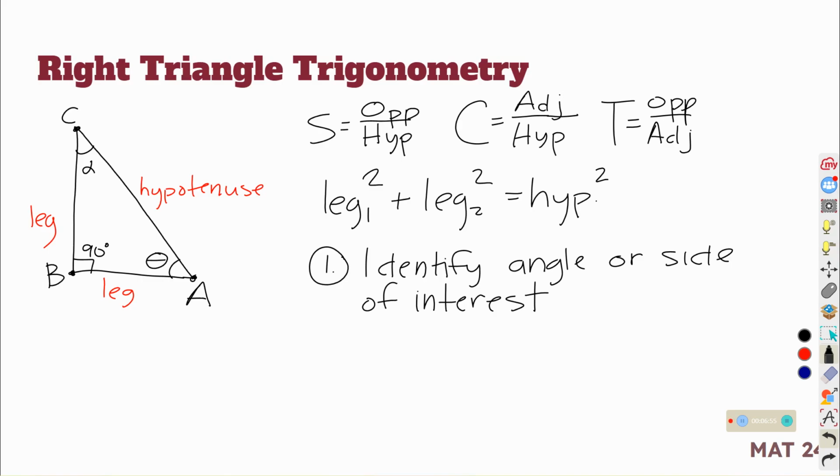Find it in the picture, label it, circle it. If it is an angle, you should then label the opposite, adjacent, and hypotenuse.